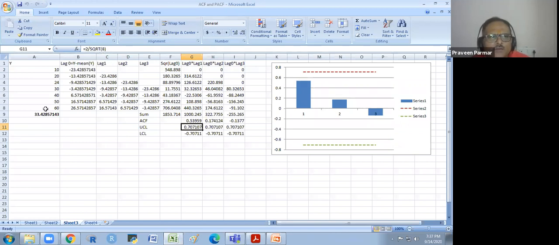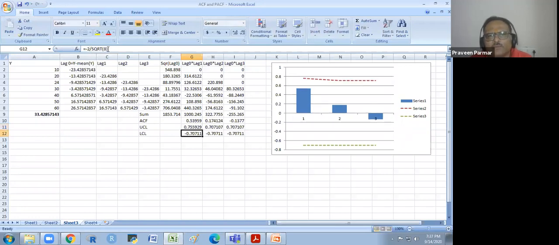We have 8, or how many do we have? Not 8, 7. So I have to divide by 7. I have only done this by 8, so this sum I have to divide by 8, not 9. We have 7 observations only, so we have to divide by 7, sorry.